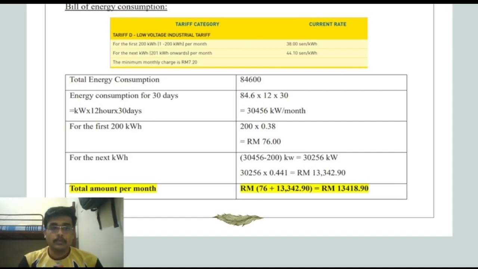For the first 200 kilowatt hour we obtained about 76 ringgit, and for the next kilowatt hour it's about 13,342 ringgit and 90 cents. So the total bill for that month is about 13,418 ringgit and 90 cents.